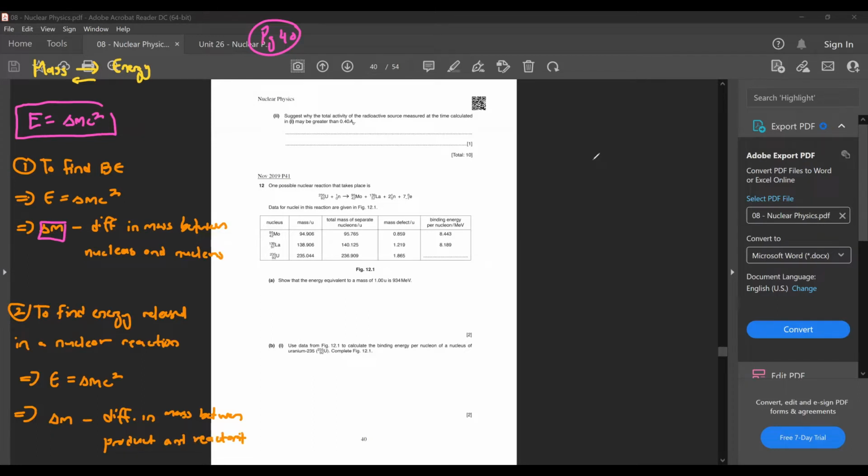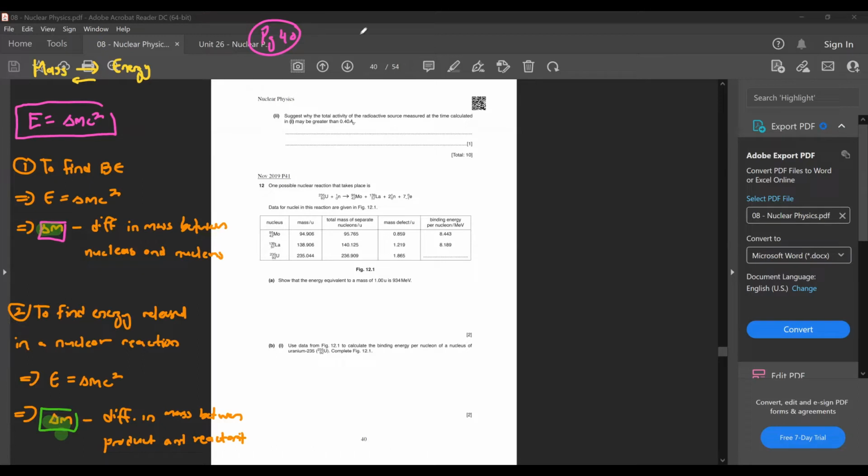Okay, in general, the equation used is the same, but there is a difference in terms of what delta m is. Both are talking about differences in masses, but in terms of what is different here, they are actually different things, depending on the context of the question. So this was what I mentioned to you in the last lesson.